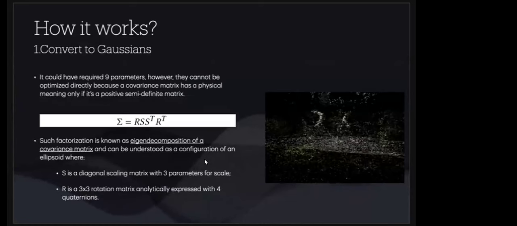So in order for you to convert it to a Gaussian, it could have required 9 parameters, but they cannot be optimized directly because the covariance matrix has a physical meaning only if it's a positive semi-definite matrix.